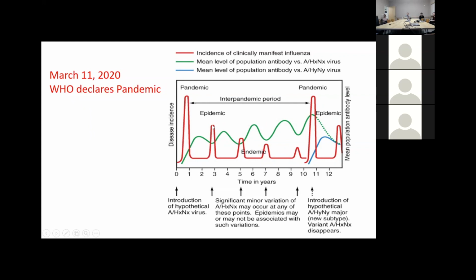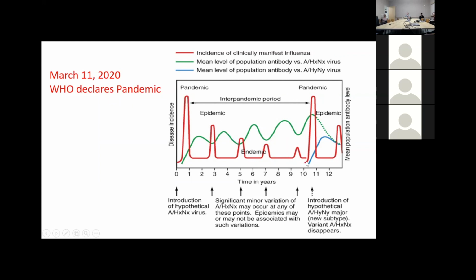Okay, you get to epidemic range, and then ultimately you get to an endemic rate, which may actually be zero at some point in time. So the green wiggle here is the mean level of population antibodies. So the population begins to develop some immunity over time, okay, to this first pandemic virus.